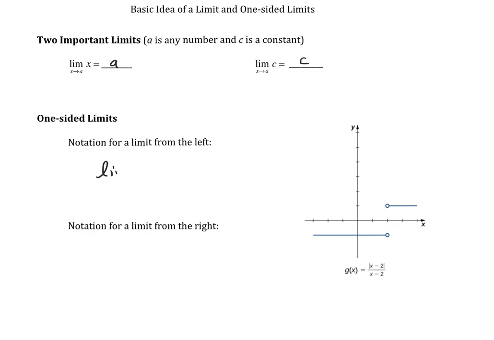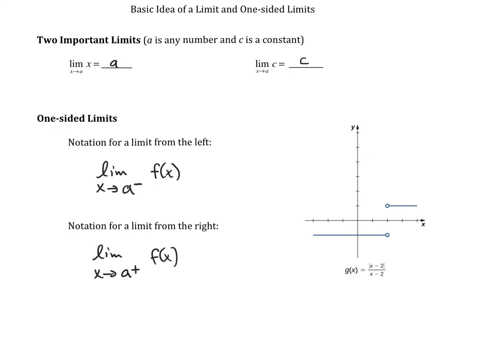The limit as x approaches a, if I want to indicate I'm coming from the left, I'm going to put a little negative sign in a superscript there. That'll be f of x. So that's a one-sided limit from the left. If I'm coming from the right, we're going to write that as the limit as x approaches a from the positive side of f of x, like that.